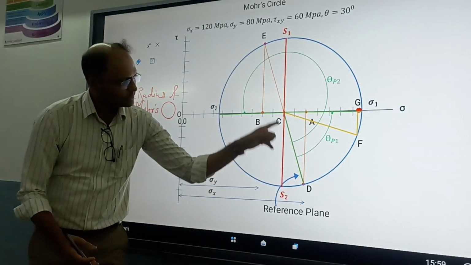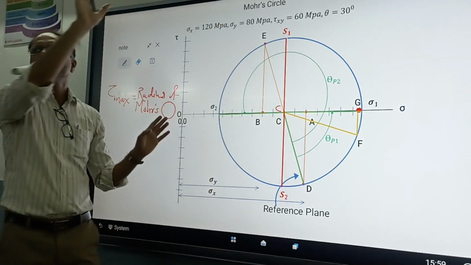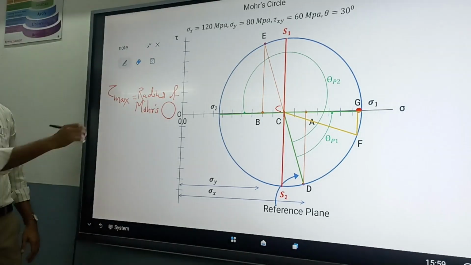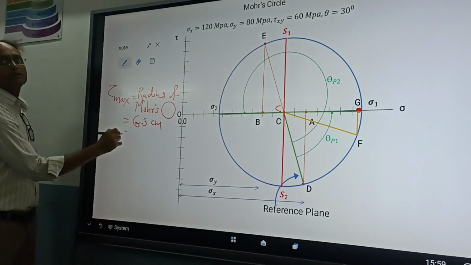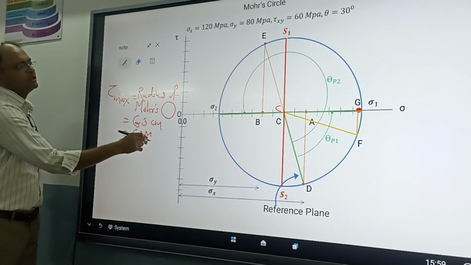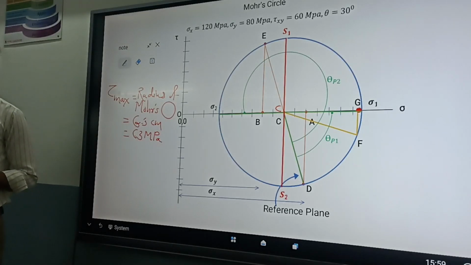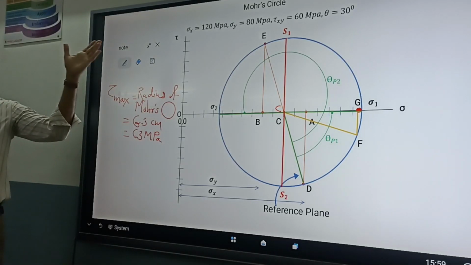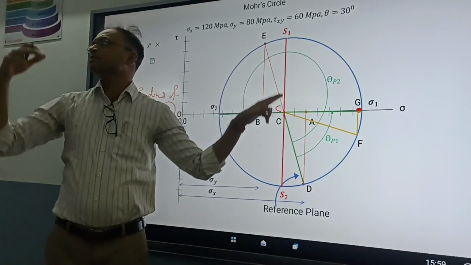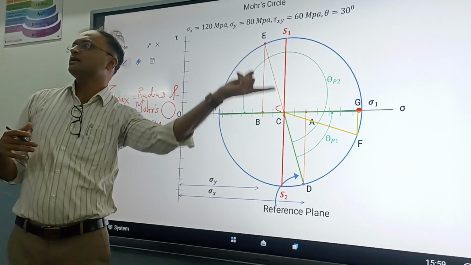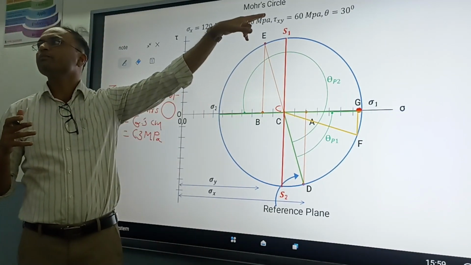Radius means the distance CD or any two points. 6.3 centimeter or 63 megapascal. That is the maximum, because any point at the maximum distance from the center is on the circle, and vertically we have to go, so that is the maximum, tau max.